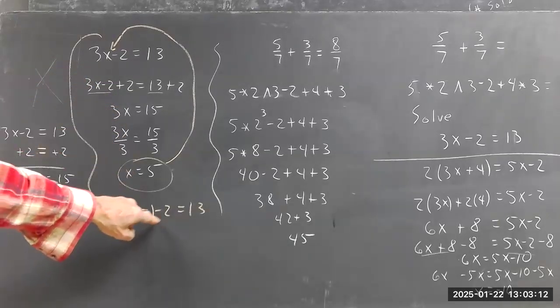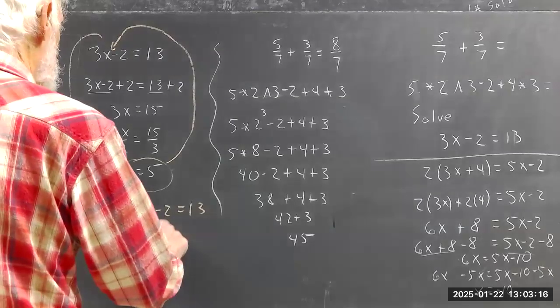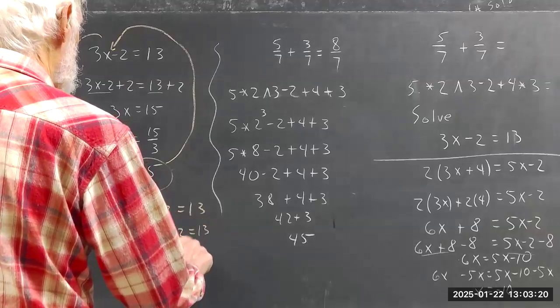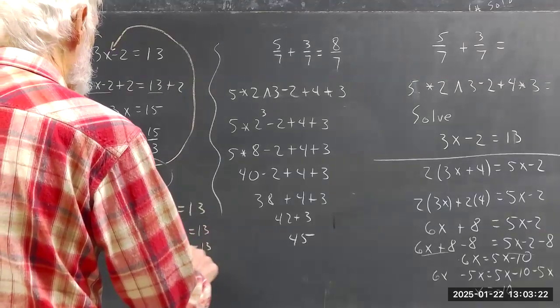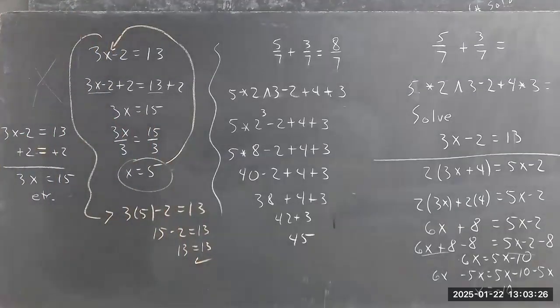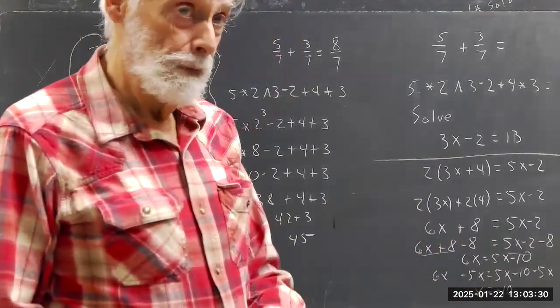Replacing x with 5 gives me 3 times 5 minus 2 equals 13. That's 15 minus 2 equals 13. 13 equals 13, and that checks.